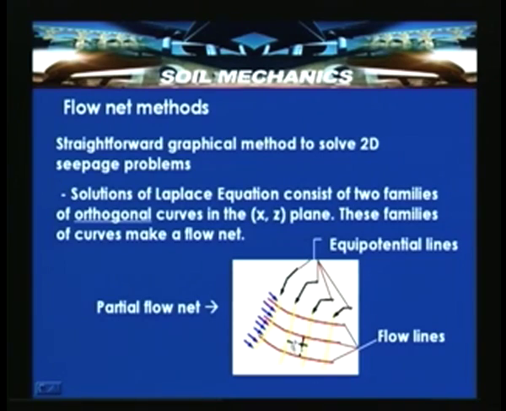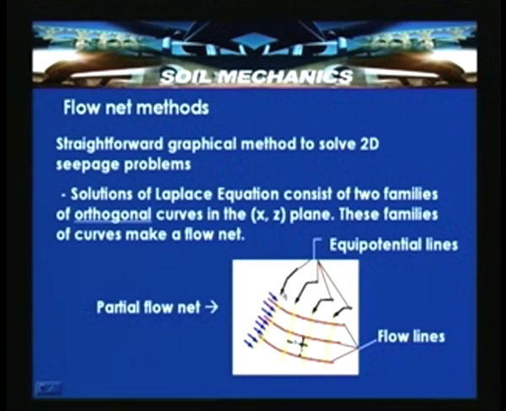They are called flow lines. The space between any two flow lines is called a flow channel, and between two equipotential lines a head loss will occur. So, the potential between here and here, if the flow is occurring in that direction, there will be a loss of head.